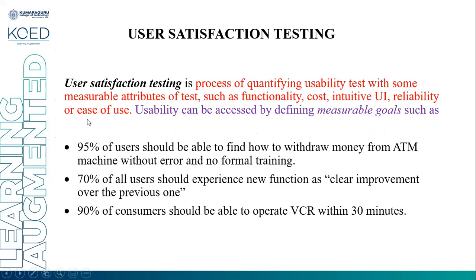So we have some quantifiable value. 70% of all users should experience the new function as a clear improvement over the previous one. 90% of the consumers should be able to operate the PCR within 30 minutes. So we are having a quantifiable value, a measurable value. That is the advantage of the user satisfaction test. We are quantifying the usability.